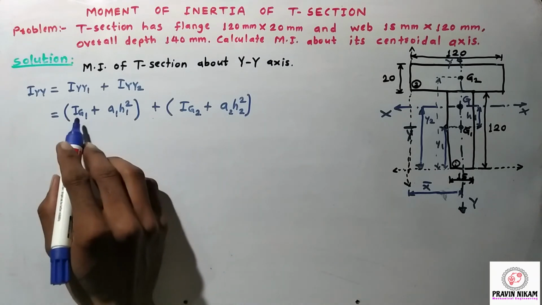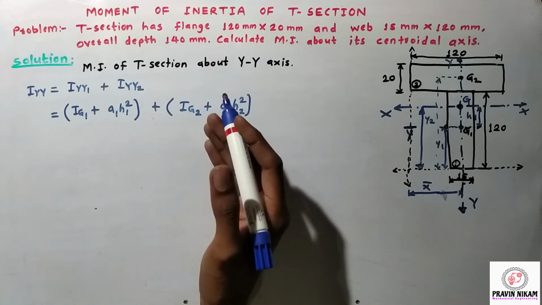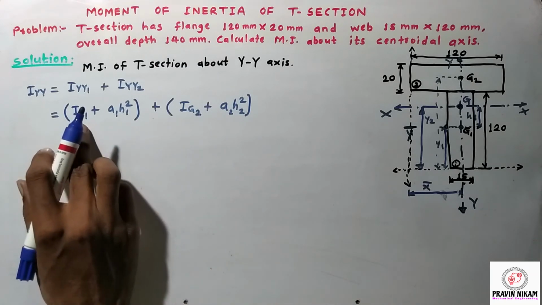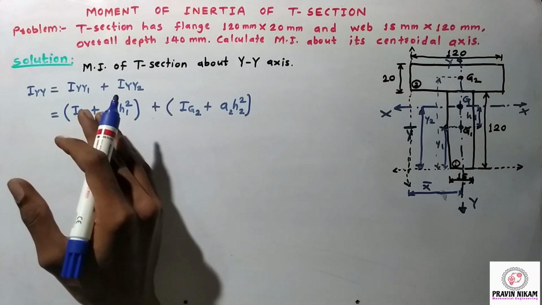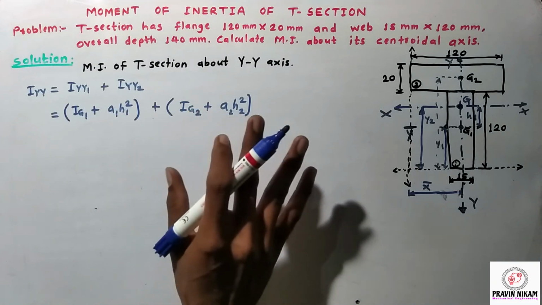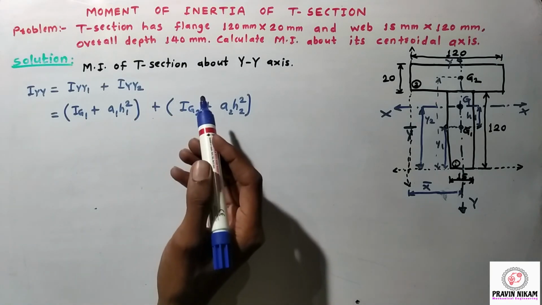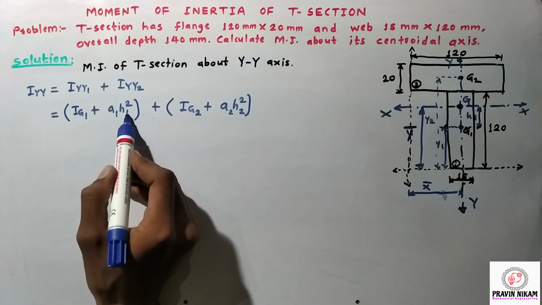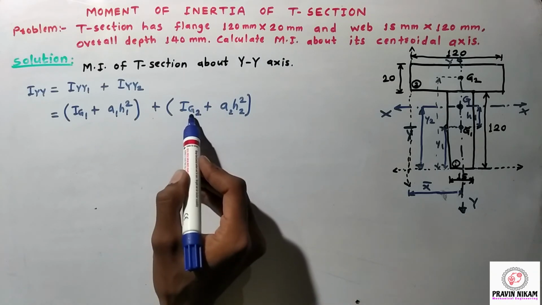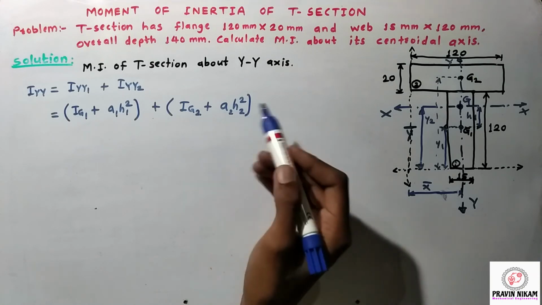Now friends, this Ig1 and H1 are different from previous Ixx. We use Ig1 and H1 in Ixx also. So those values and these values are totally different. So remember this point, Ig1 is not the previous value, this is different. H1 is also different than previous H1. This Ig2 is also different from previous Ig2 and H2 is also different from previous H2.